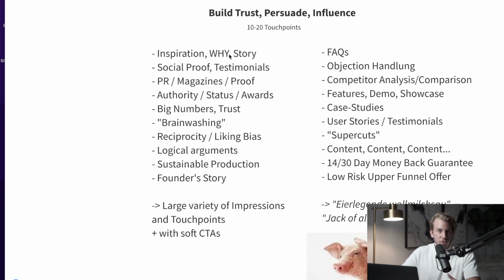They should know your brand story and why you build this brand today. They should know that you are a true existing brand that has social proof, that has testimonials, that is known from the press, from famous magazines, and that has proof. They should know that you have won some sort of awards, that you have high status, that you have authority, maybe some certificates, all the things that give you trust, like also big numbers.